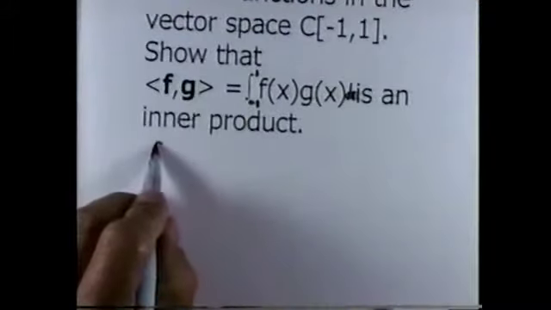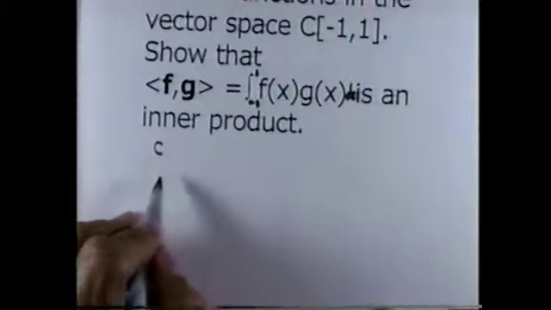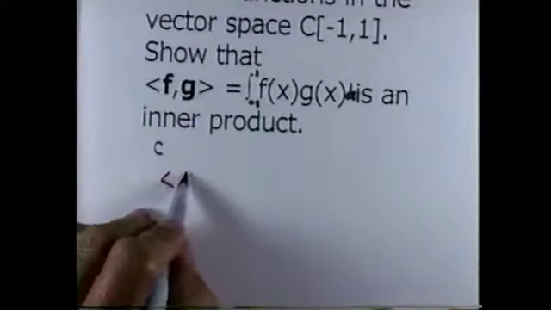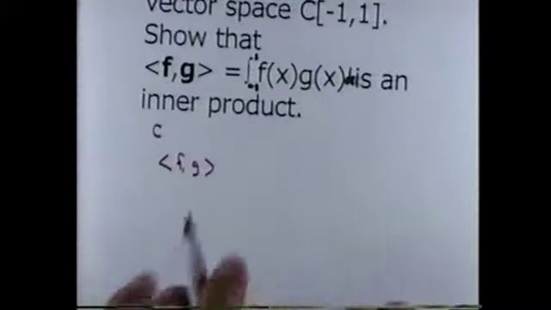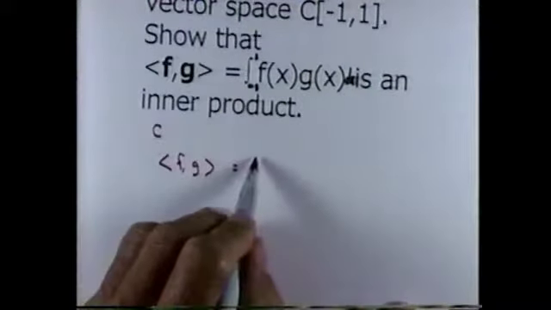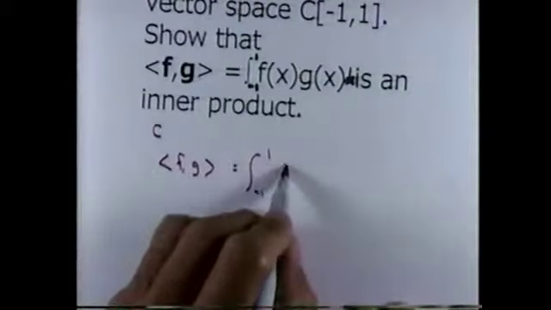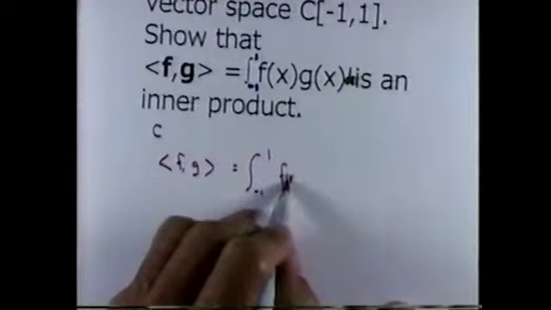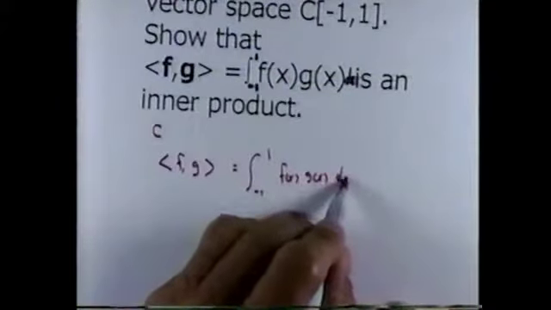So we'll look at the commutative property first. Okay, we'll start with <f, g>. Well, <f, g> is going to be the integral from -1 to 1 of f(x) g(x) dx.